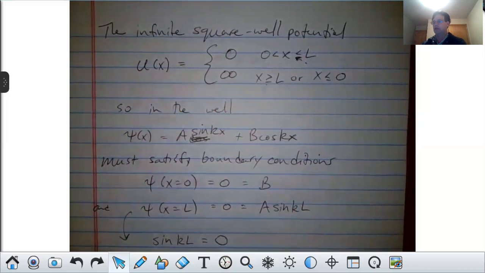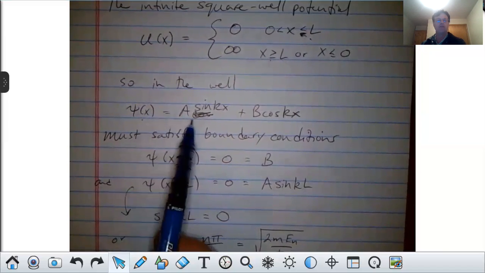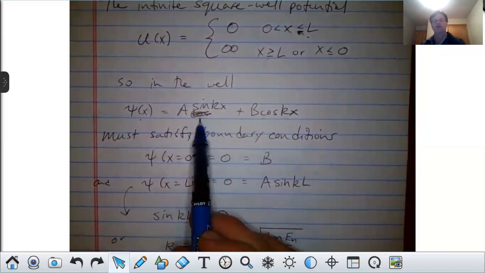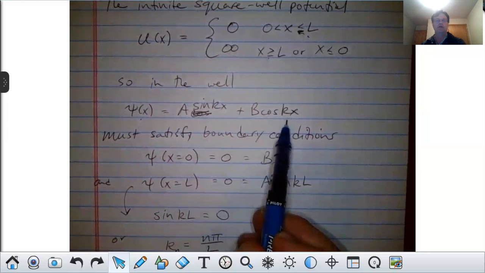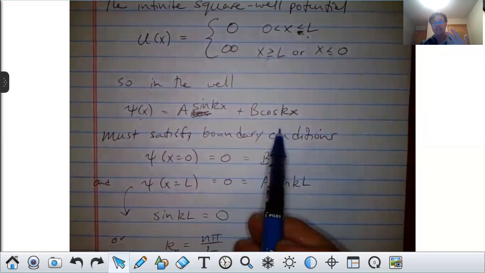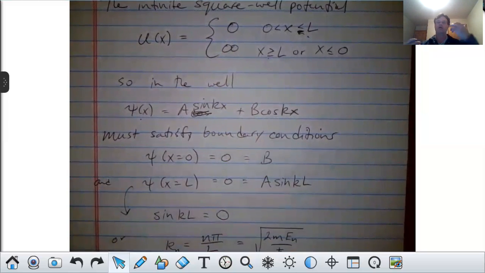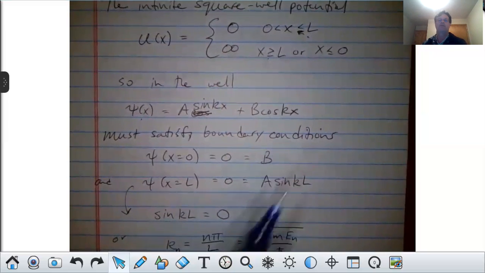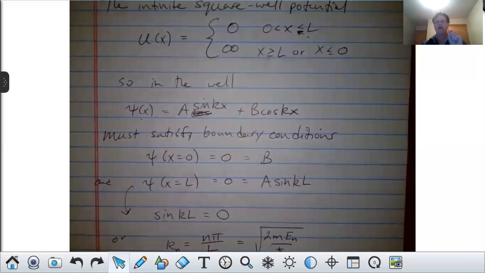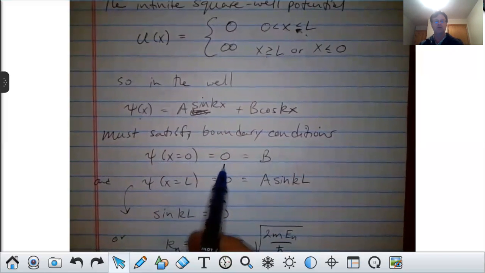So the solution in the well then, it's just the free particle solution, which I'll write as a sine plus b cosine. Now the next step in any kind of problem like this is we've got to deal with boundary conditions. Right? When you have differential equations, you usually have either initial or boundary conditions. So our boundary conditions are going to occur at the edges of the well, where the wave function must equal 0.